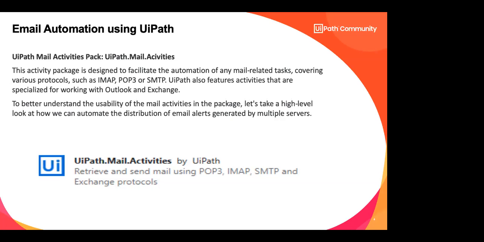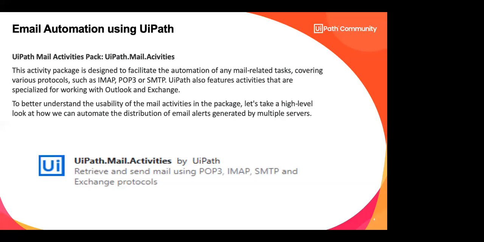UiPath also features activities that are specialized in working with Outlook and Exchange. Most companies are using Outlook and Exchange only, and the easiest way to integrate any automation in email would be by using either an Outlook or an Exchange activity.